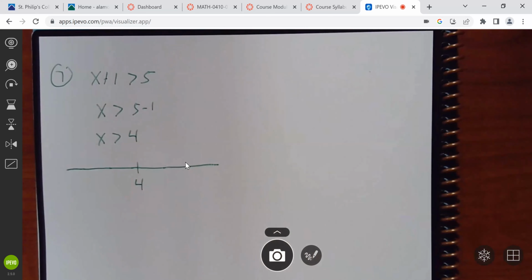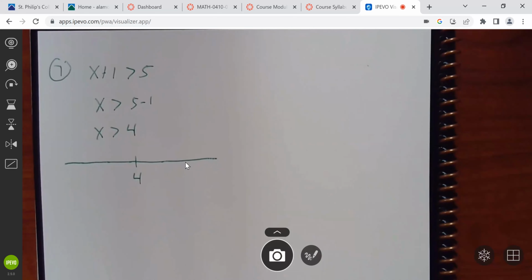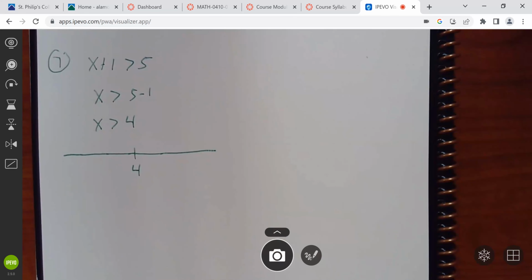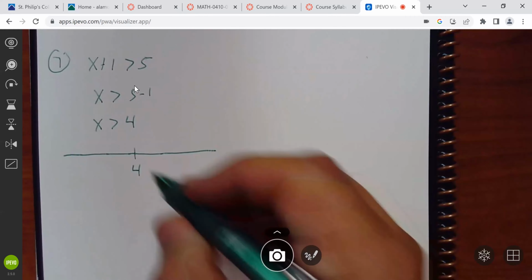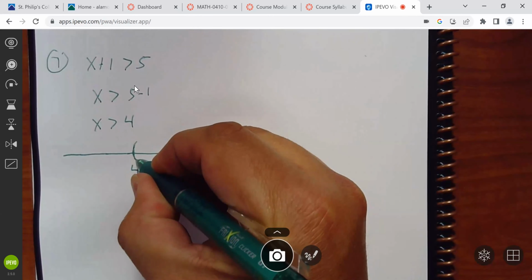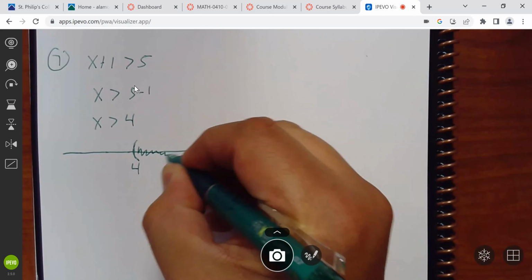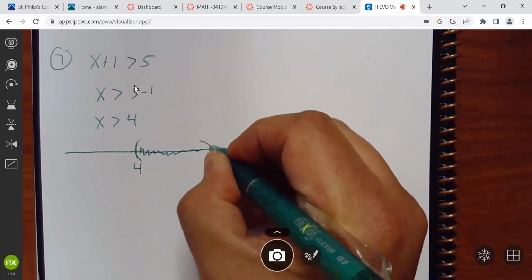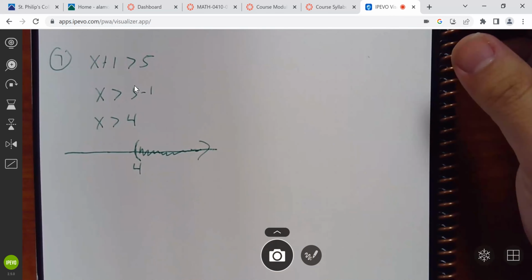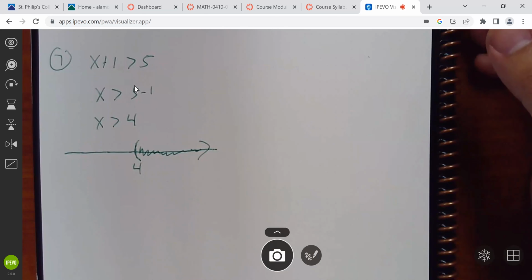Right here. Parentheses on the 4 is everything above 4. Just read it: X greater than 4. Everything above it, cannot include the 4. That's higher. Does that make sense on how they get the graph and the interval? Is it fine?